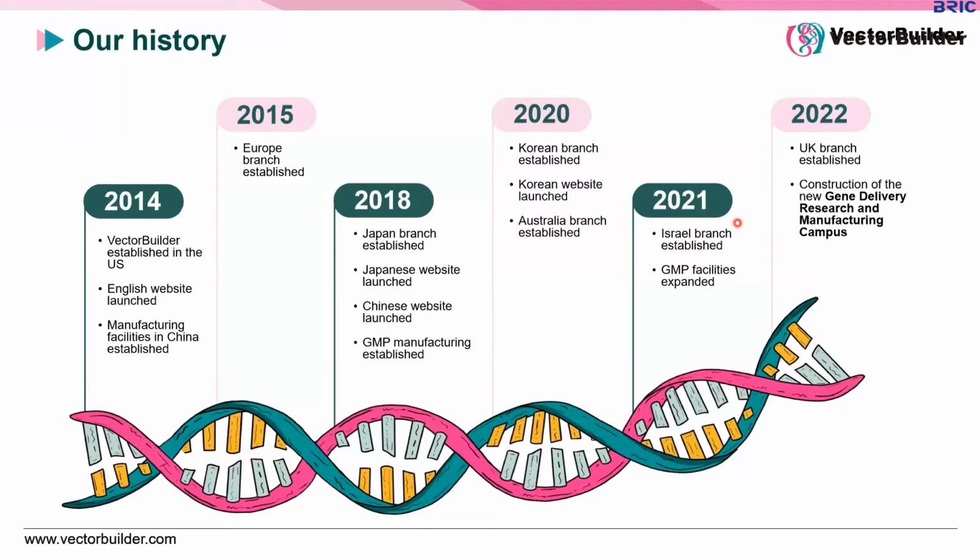Last year, we initiated the construction of our new gene delivery research and manufacturing campus to better serve customers end-to-end, from drug discovery, research, and development all the way to GMP manufacturing.